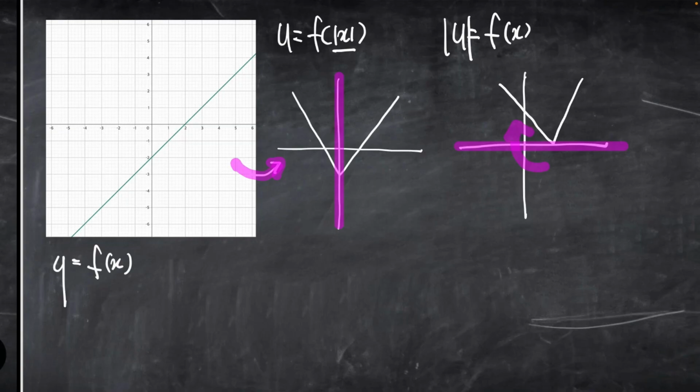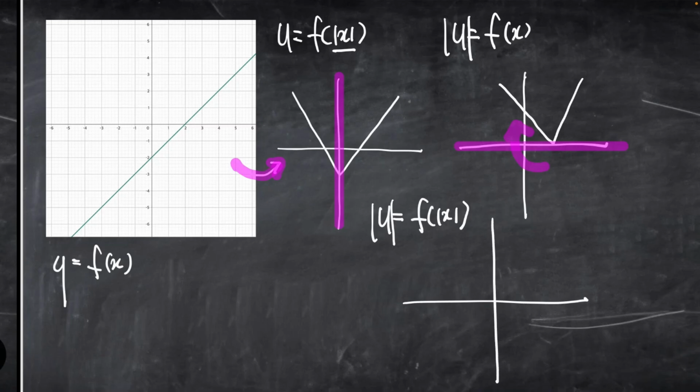And finally, when we apply the absolute value to both the domain and the range, the resulting graph will be symmetric with respect to both the x-axis and the y-axis. In other words, the shape of the graph can be seen as a reflection across both axes. Another way to think about it is this.